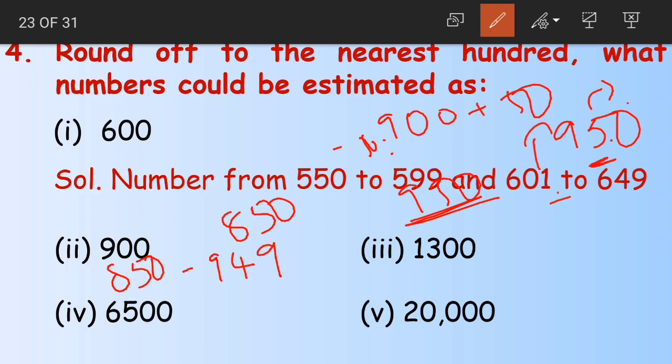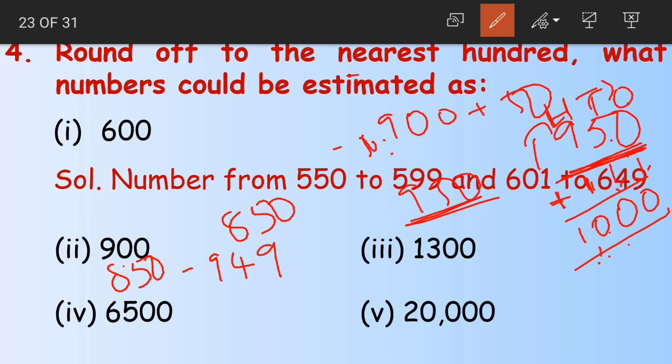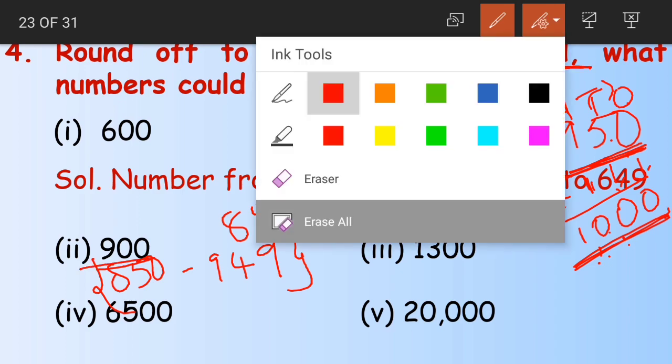We round up, we add 1 to the digit in hundreds place, and the digits in tens and ones place will be replaced by zeros. So the number we get is 1000 but not 900. So when we estimate 950 to the nearest 100, the number we get is 1000 but not 900. So the numbers from 850 till 949, when estimated to the nearest 100, will give 900 as the answer.